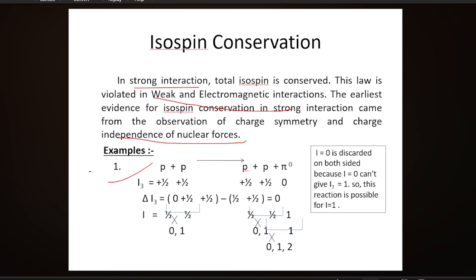Delta I3 is conserved, but the value of I is not conserved. I equals 0 is discarded on both sides because I equals 0 can't give I3 equals 1. So this reaction is possible for I equals 1.